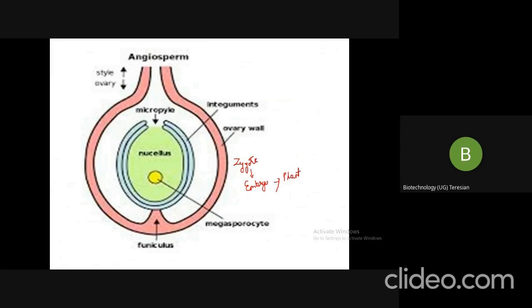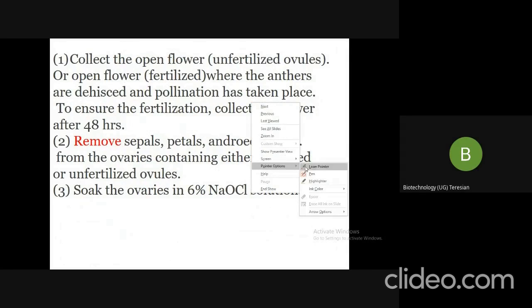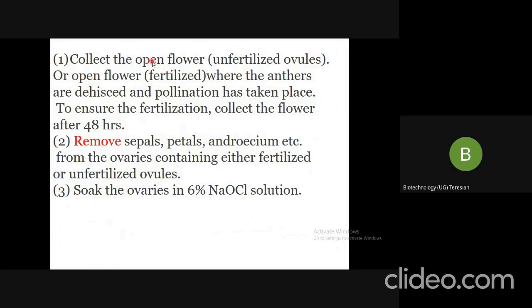So how are we going to proceed with it? The first step is you collect the open flower, that is, the unfertilized ovule. If fertilized ovules are desired, collect the open flower where the anthers are dehiscent, that is, your anthers are cut off and pollination has taken place.